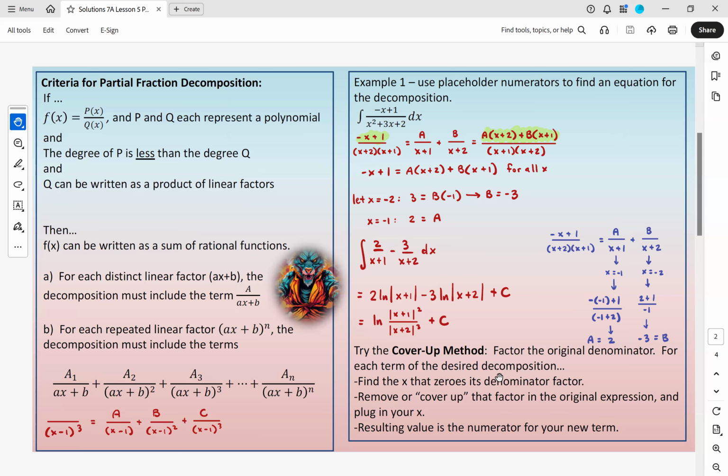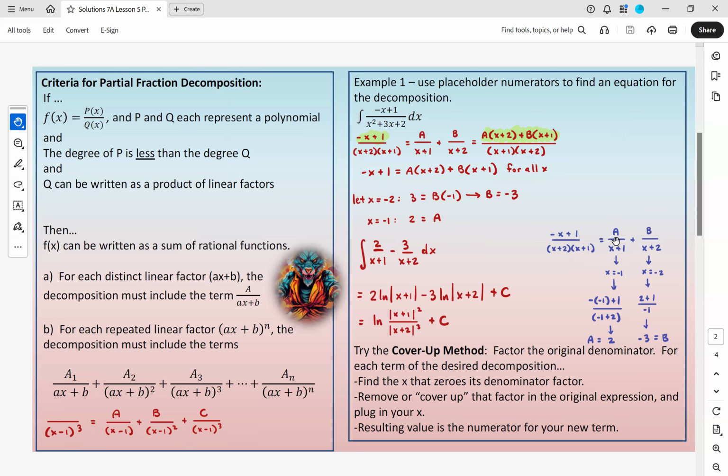But the cover-up method is as follows. You see my thought process in blue off to the right. I'm taking the original form of my integrand along with its factored denominator. I'm setting it equal to the template that we are using to guide our rewrite. Here's how it works.